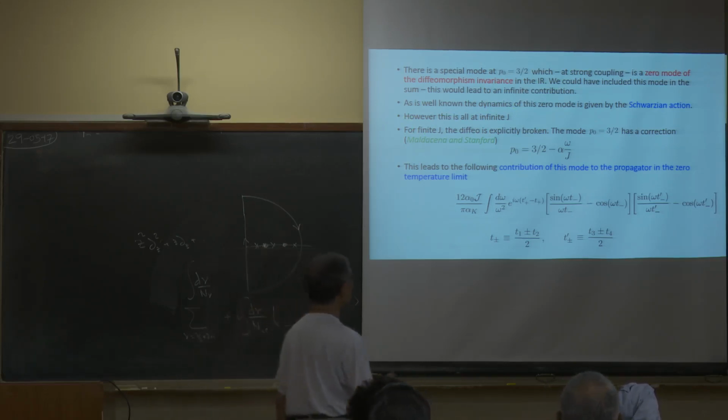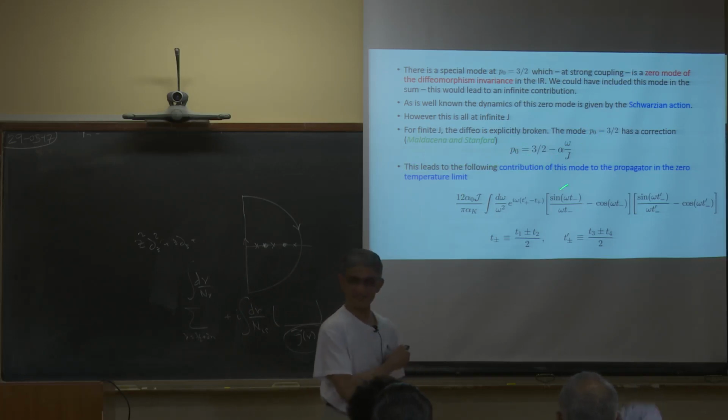Maldacena and Stanford also calculated the correction to this formula at finite j in a 1 upon j expansion, and they got a formula which is like this. This is the 3/2, and there is a term which has a frequency divided by j.